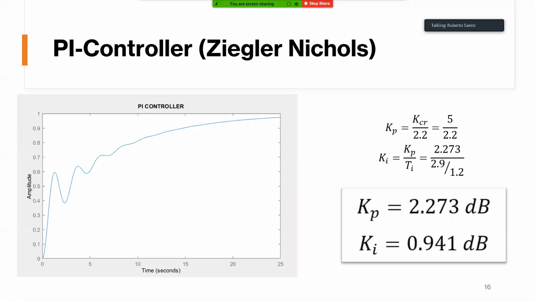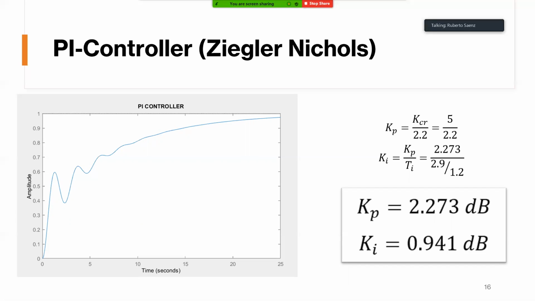For the PI controller on Ziegler-Nichols, not only do we solve for the K proportional, but we also have to solve for the integral gain, or KI. The proportional gain is solved by the critical gain over 2.2, which gives us, with the PI controller, a proportional gain of 2.273 decibels.